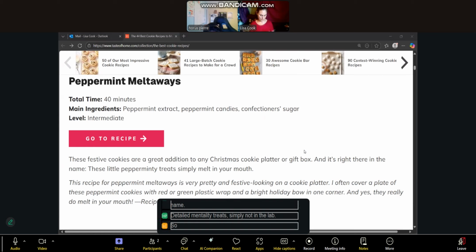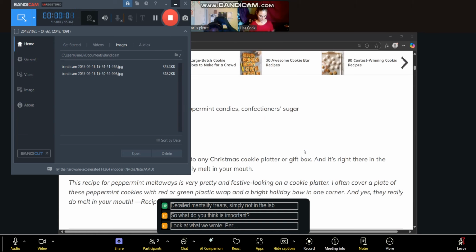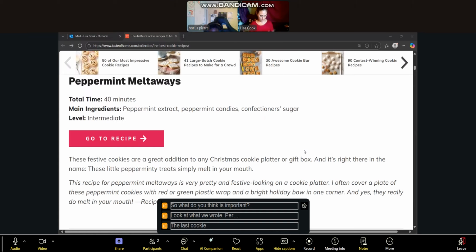So what do you think is important? The last cookie, what was it? What did we put? We put some directions, didn't we? So what can we put there? What do you think would be important to put?